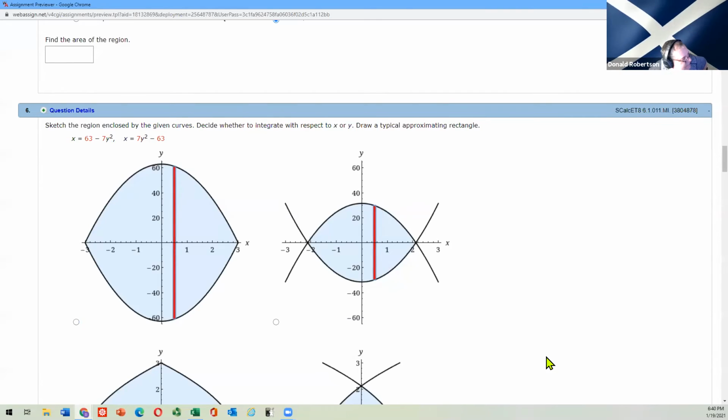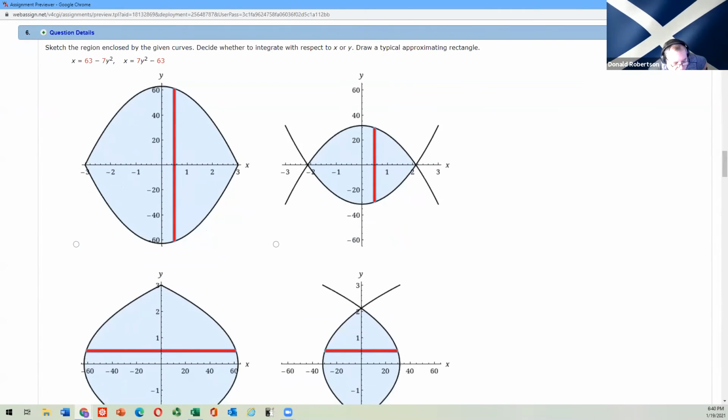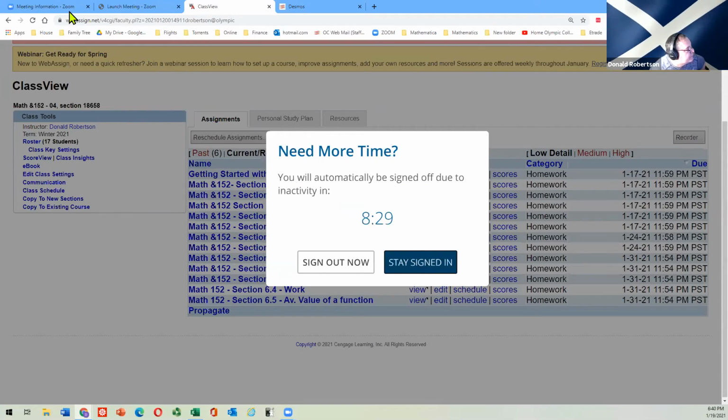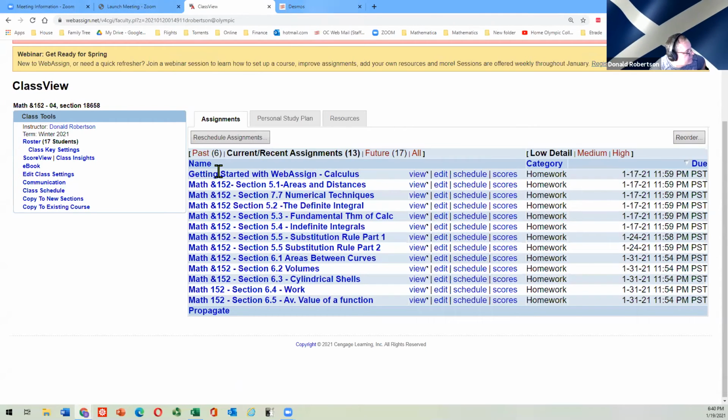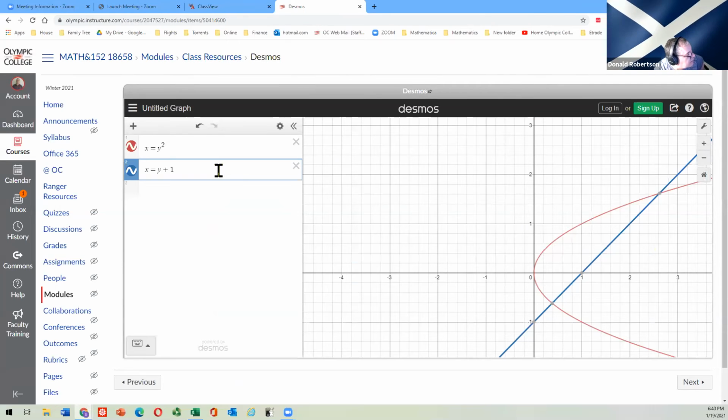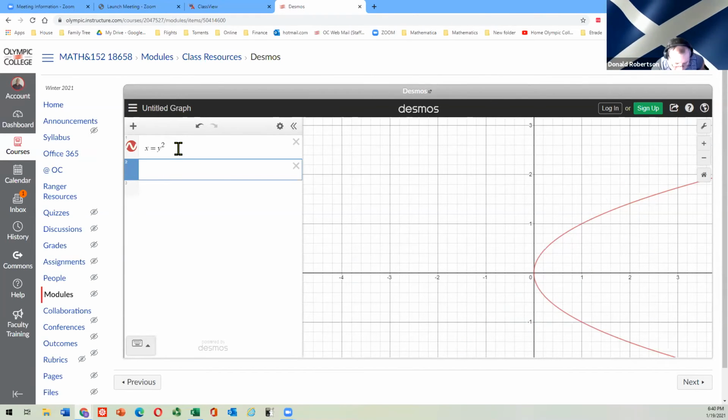Now, how would you do that if you wanted to see it so that you could figure out all the things? Let's do, oh God, we're getting short of time. Let's see if I can do another Desmos. Clear this fella out.